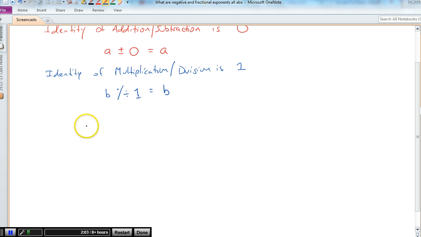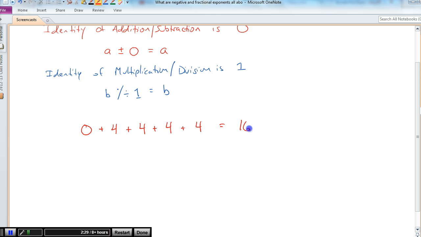So if we start with the identity for addition, 0, and we add, say, 4 four times, I would choose to start with 0 because it's the identity, it's the root of all, it's the beginning of all addition and subtraction.